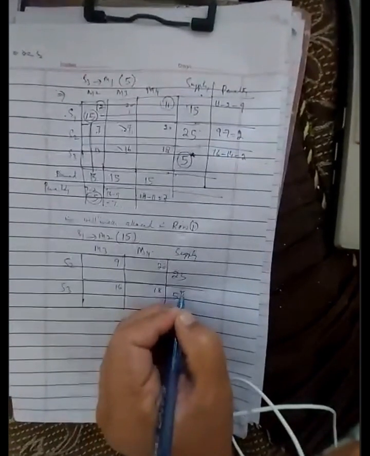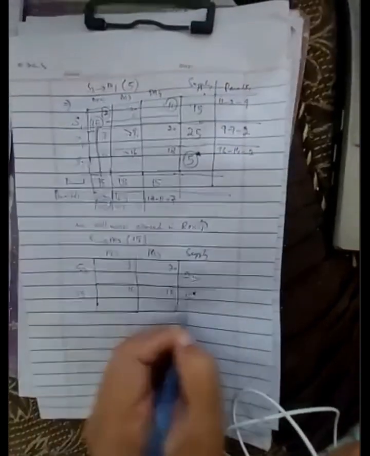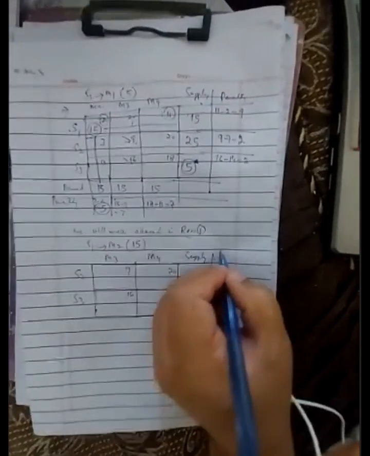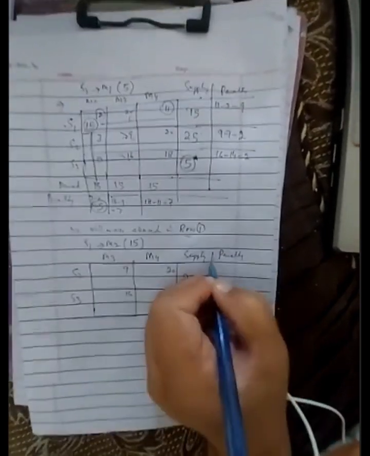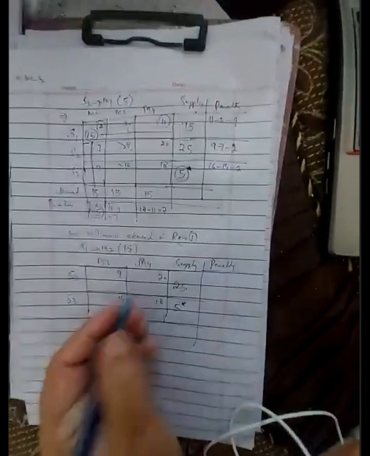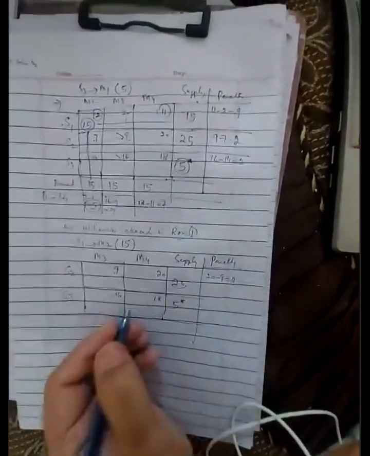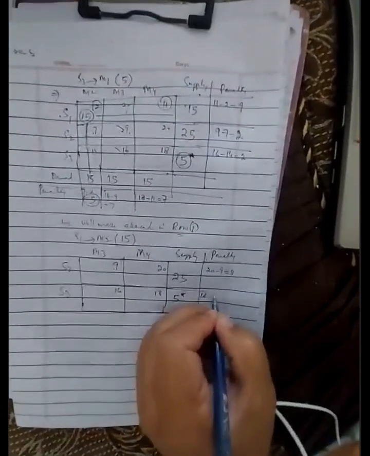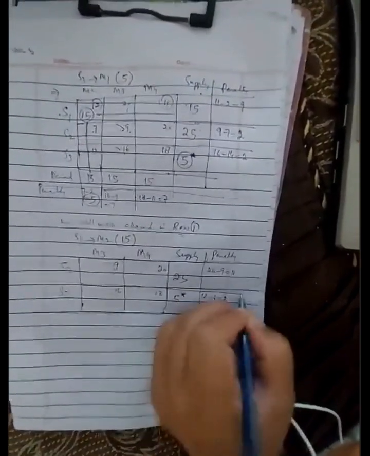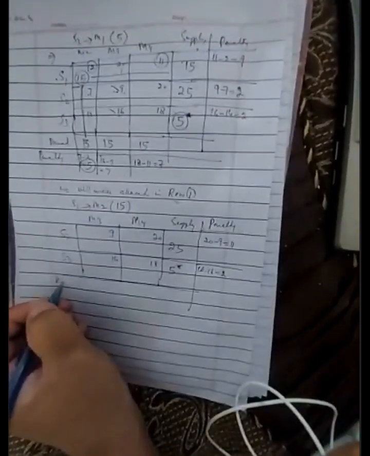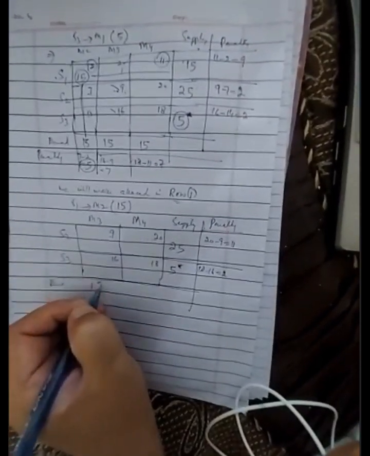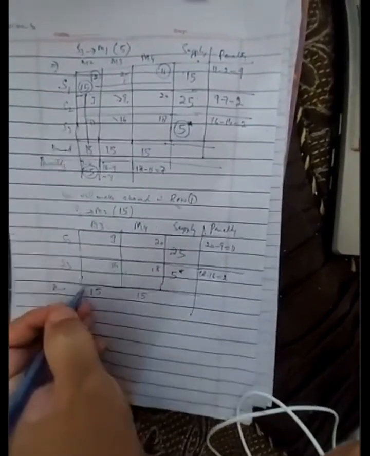I will put an asterisk over here because we already allocated 5 from this. So the row penalty will be 20 minus 9 is equal to 11 and 18 minus 16 is equal to 2. Now the demand over here is 15 and over here is also 15.